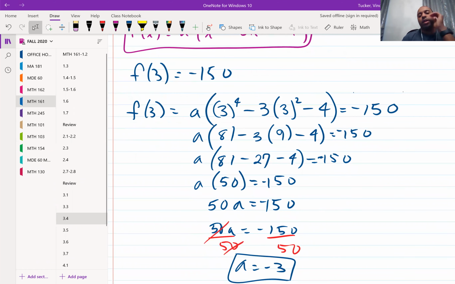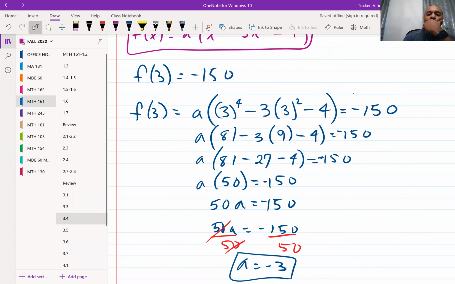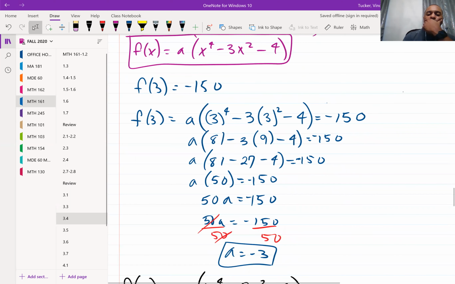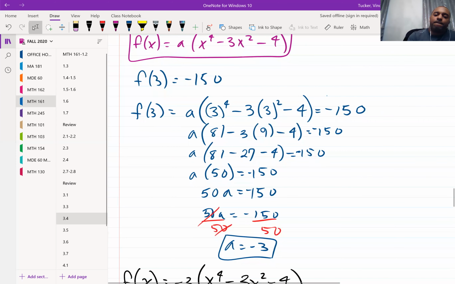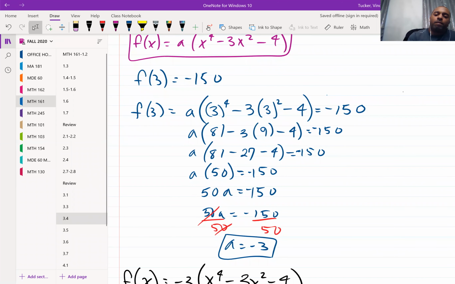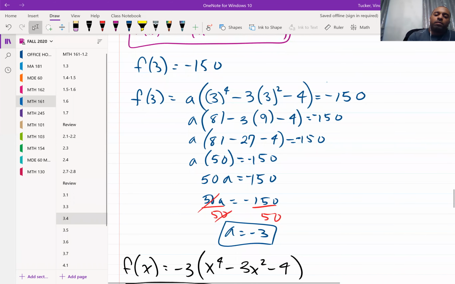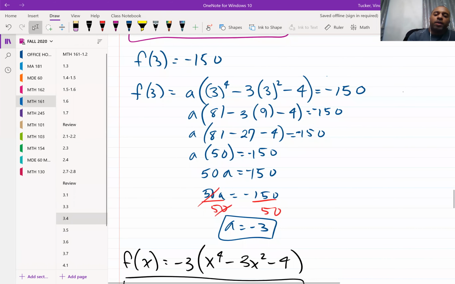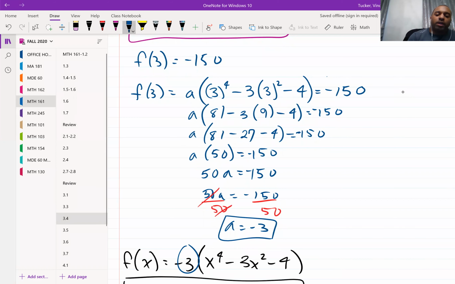And a is equal to negative 3. Make sure we are okay. All right, so a is equal to negative 3, so we can plug that in right here in front of our function.